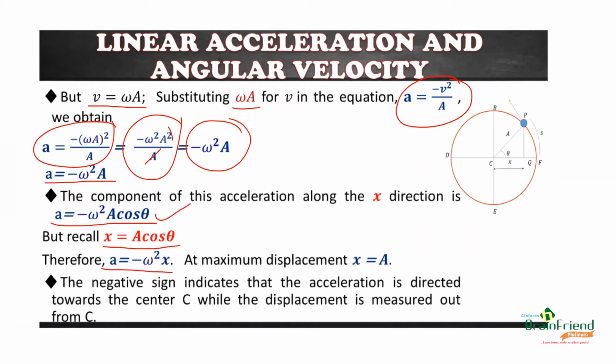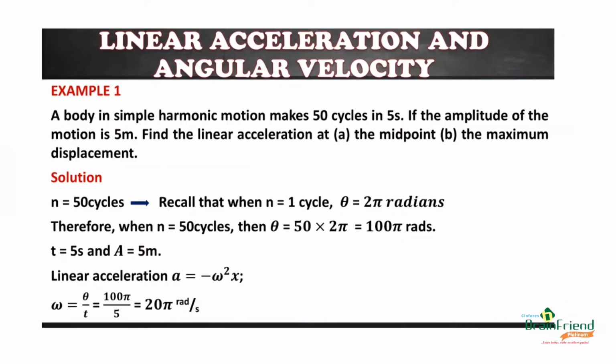Therefore, the equation that relates linear acceleration with angular velocity is a equal to minus omega squared x. And at maximum displacement, x is equal to A. Therefore, at maximum displacement, a will be equal to minus omega squared A. Having established that relationship, let's go on to solve some examples.